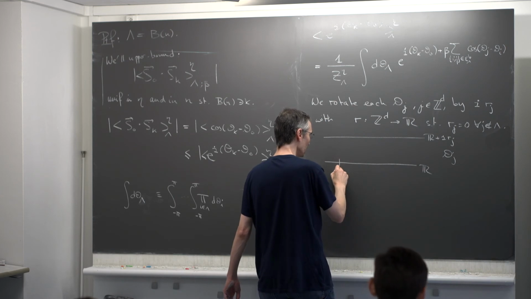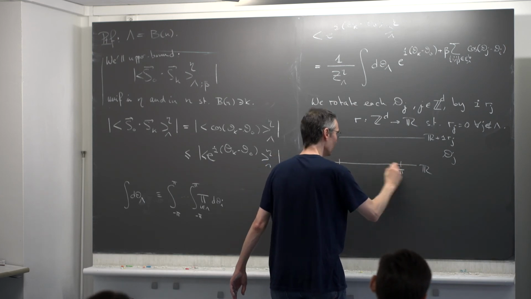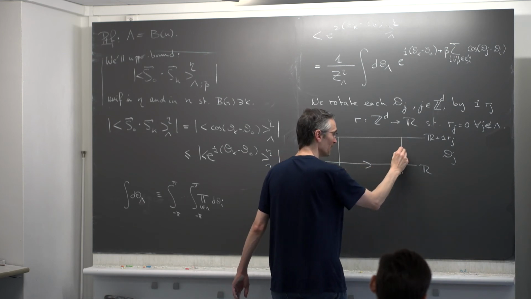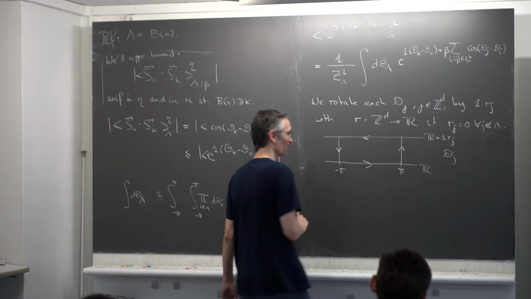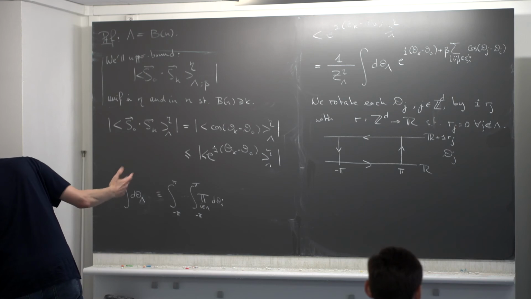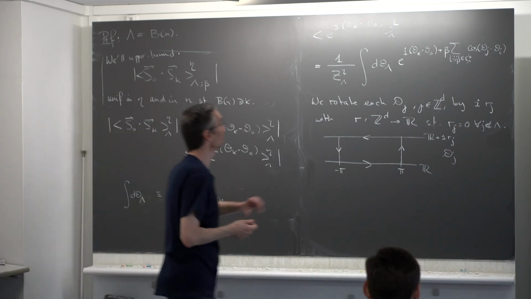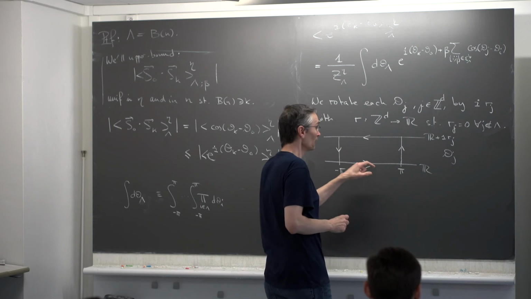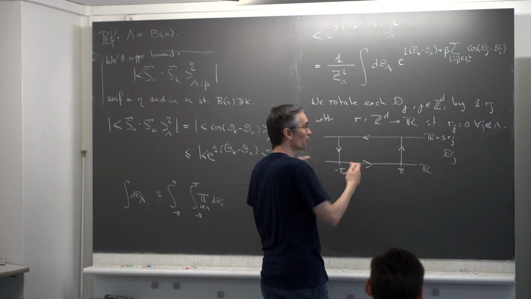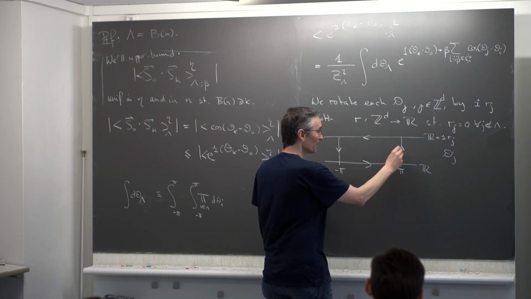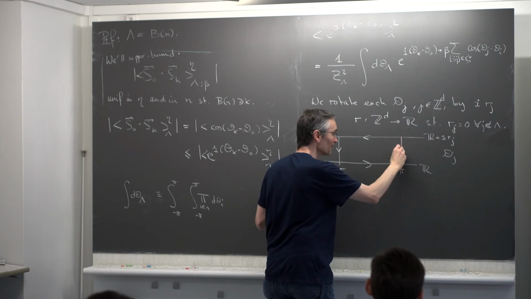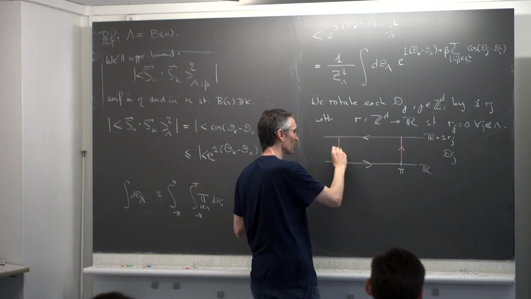I was integrating from minus pi to pi, and now I want to observe that if you integrate from minus pi to pi, then go up, then go across, and then go down, then by the analyticity of the integrand, since it's a loop, the integral over the loop will be 0. But now, by periodicity, the contribution that you get from this exactly cancels the contribution you get from that.